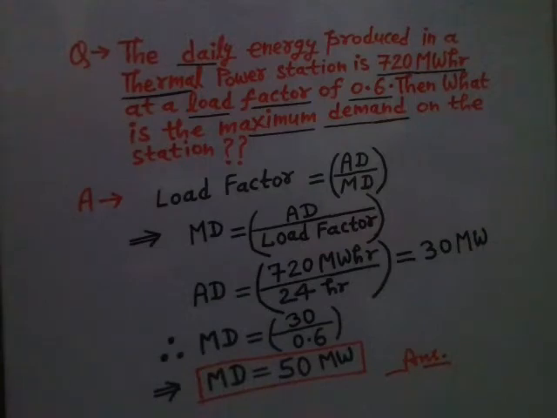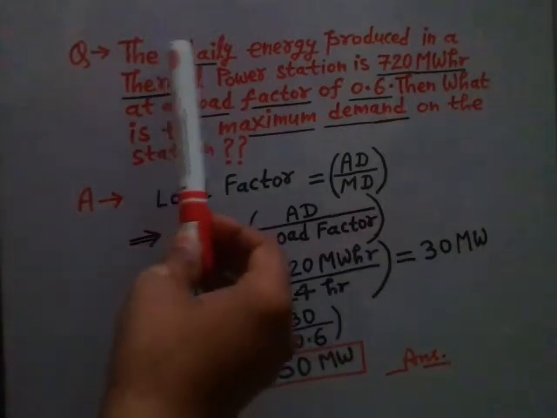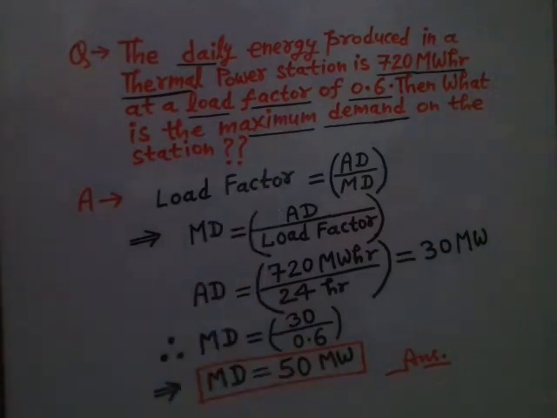That is the number of hours in a single day, right? So had it been the monthly load curve, then you would have divided it by the total number of hours in a month. And had it been the yearly load curve, then you would have divided it by the total number of hours in a year, right?